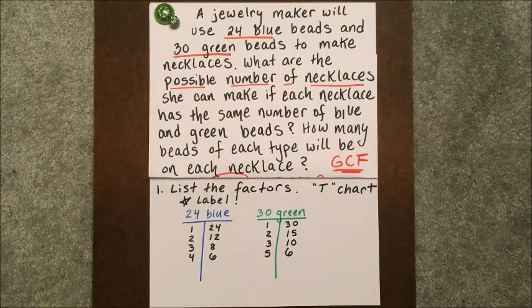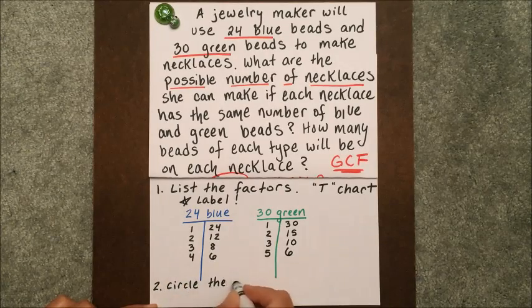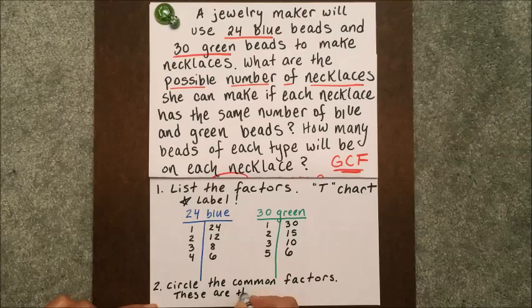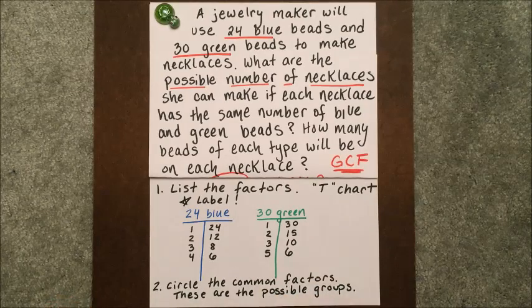Alright, so after we have all of the factors listed out, our next step is that we want to circle all of the common factors, because then we know that we can use up all the beads evenly, and the common factors are the possible number of groups or the possible number of necklaces that we can make.